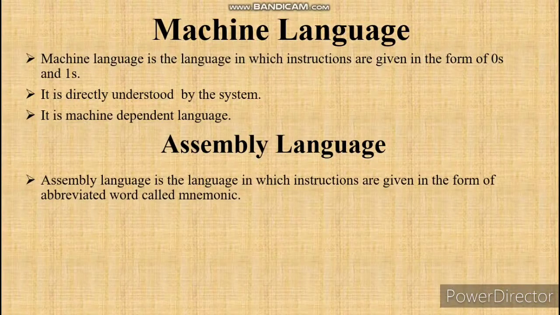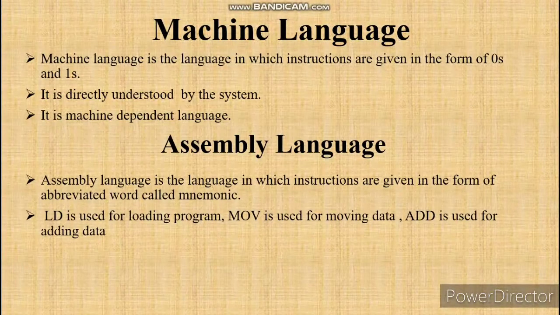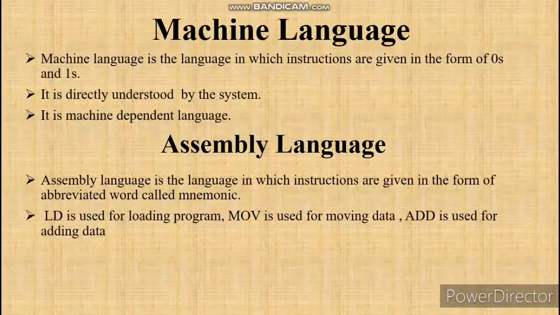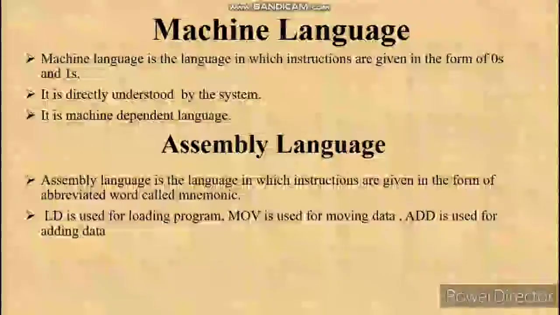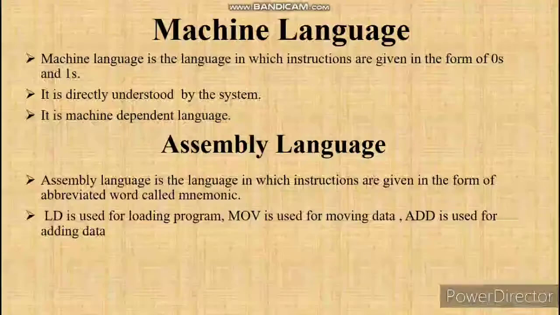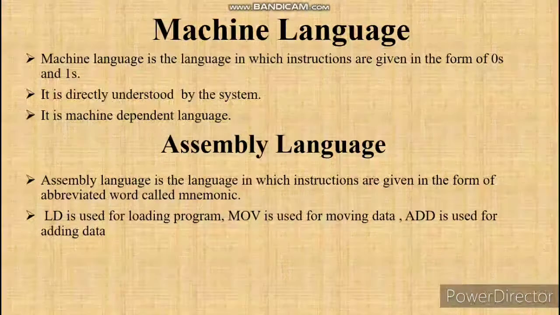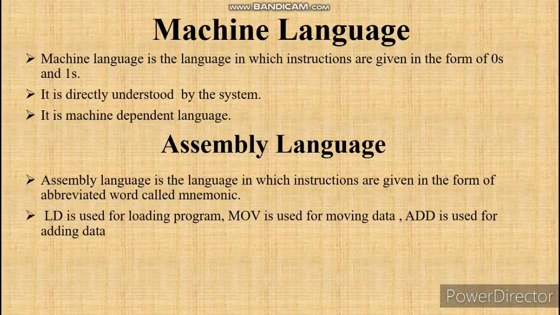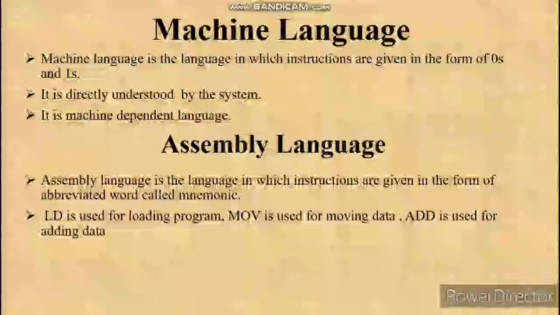For example, LD is used for loading a program, MOV is used for moving data, ADD is used for adding data. These LD, MOV, ADD are the mnemonics. So assembly language is a language in which instructions are given in the form of abbreviated words called mnemonics.